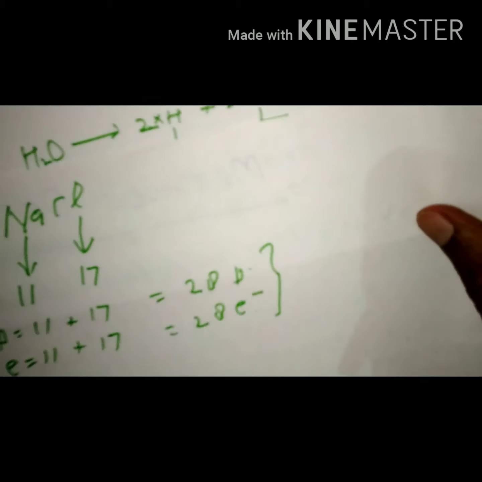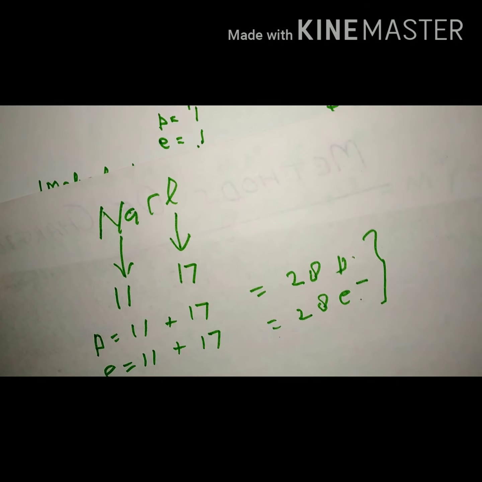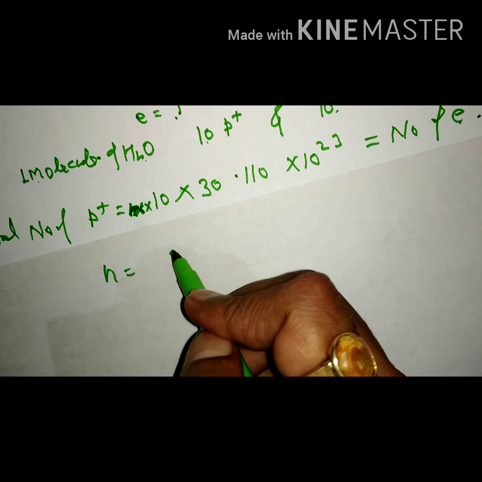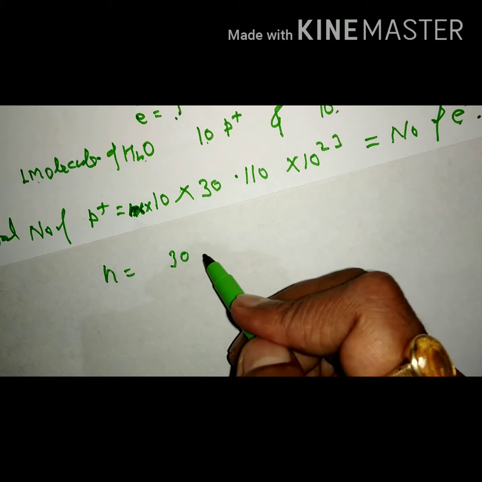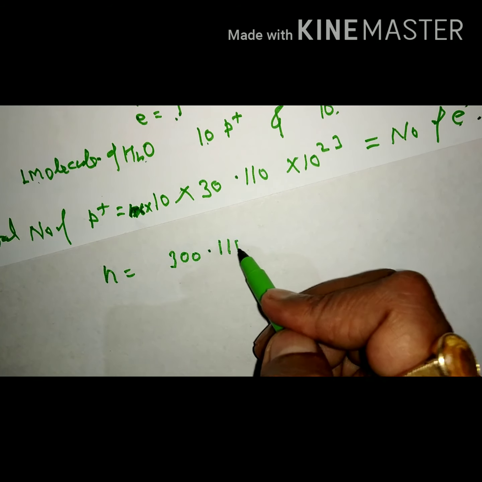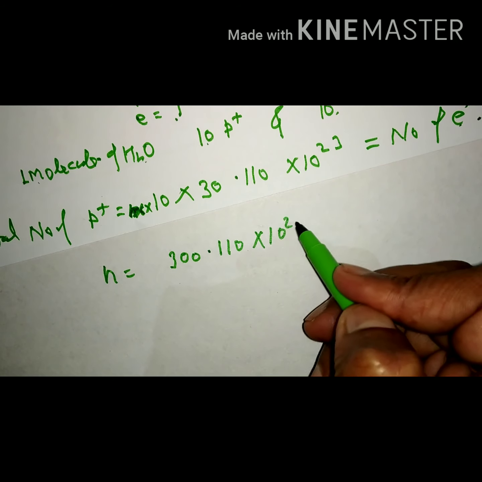So this is the number of electrons, 300.110 into 10 to the power 23.